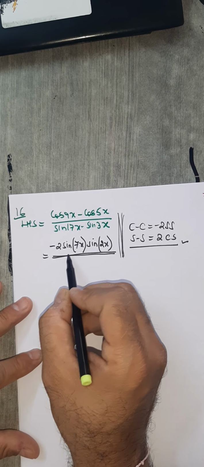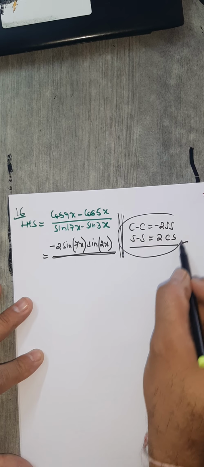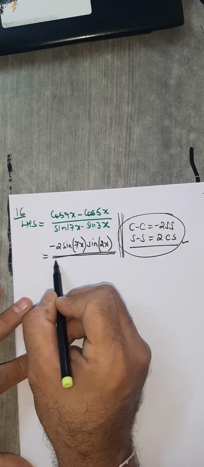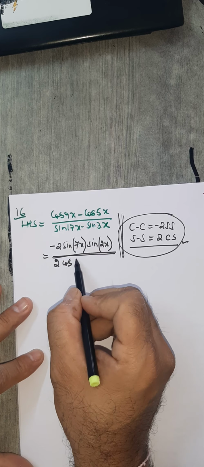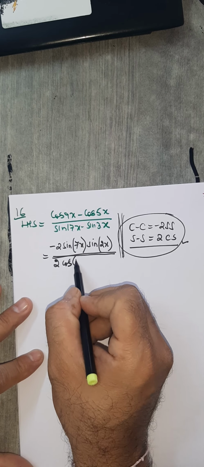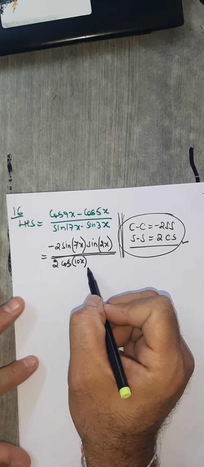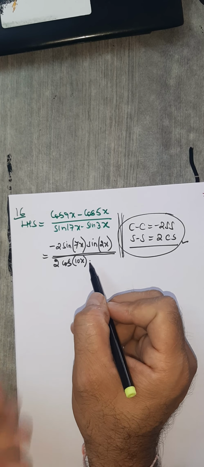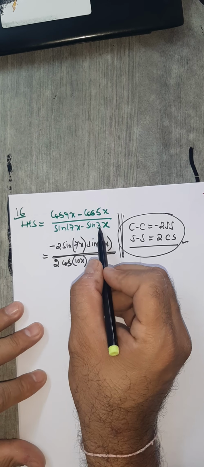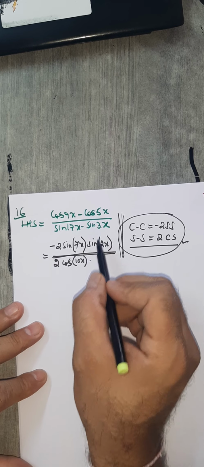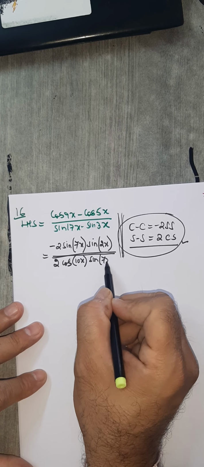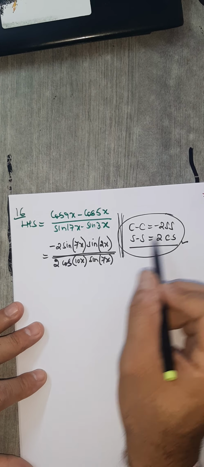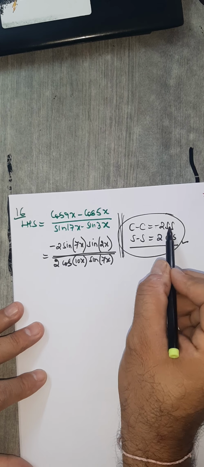By 2 is there, remember, as per the formula of factor. S minus s, 2cs, twice cosine this plus this by 2, 20 by 2, which is 10x, into here 17 minus 3, which is 14 by 2, so it is sine 7x. 2cs, remember, cosine minus 2ss.